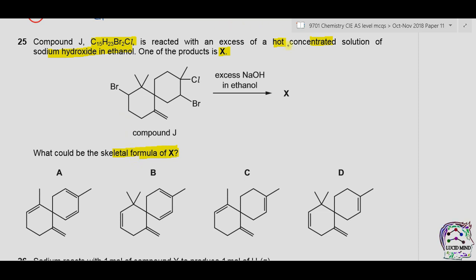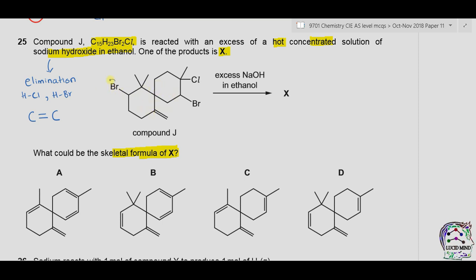Now you should remember that hot concentrated solution of sodium hydroxide in ethanol causes an elimination reaction. And in an elimination reaction, small molecules such as HCl, HBr are removed. And after elimination, a carbon-carbon single covalent bond converts into a carbon-carbon double covalent bond. So an alkene is formed.